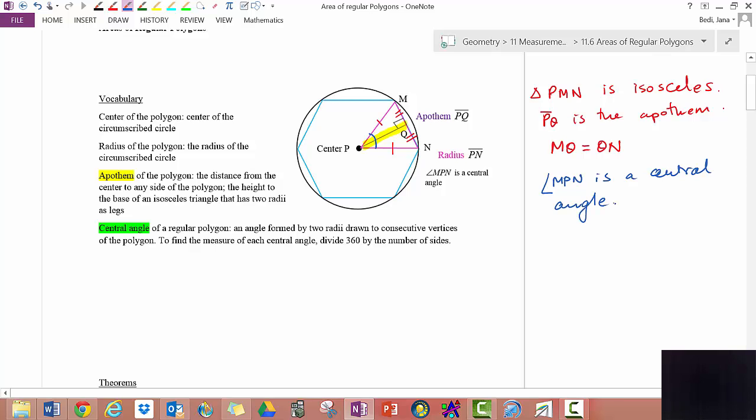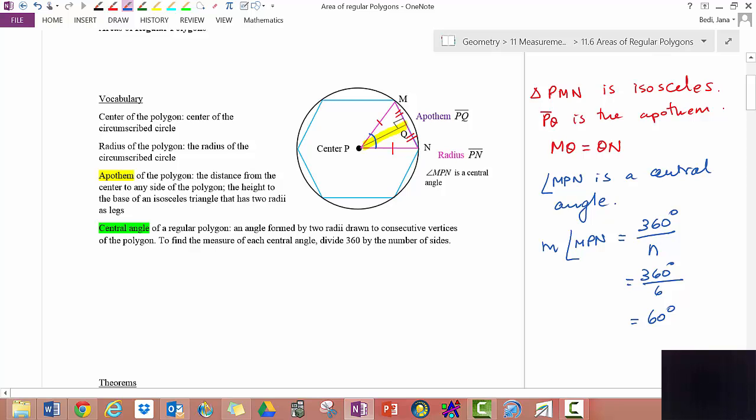Furthermore, we can find the measure of angle MPN, the central angle, which is also the angle at the vertex, that is at the center of the circle, by dividing 360 degrees by the number of sides. So that's 360 degrees divided by 6, and in this case that is 60 degrees.